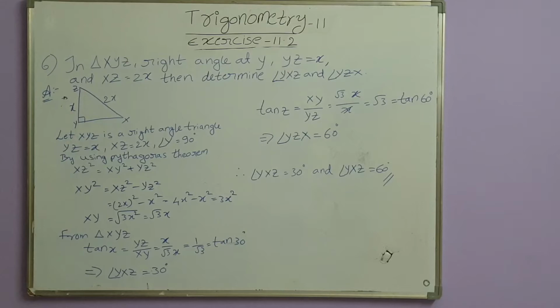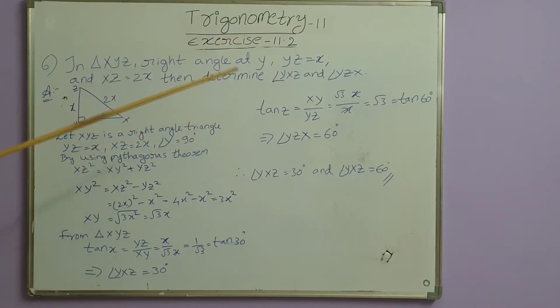Now we want the angle at Z. So tan Z is the opposite side of the angle, XY, by the adjacent side, YZ. So XY by YZ. XY is root 3 into x and YZ is x, so the numerator x and denominator x cancel.